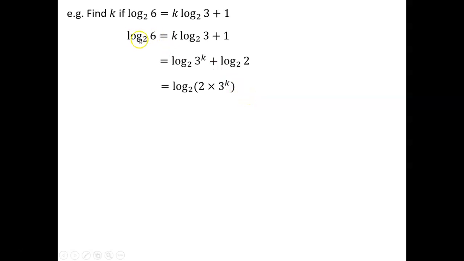Now, I've got log base 2 of 6 equals log base 2 of 2 times 3 to the power of k, so I know that 6 must be equal to this bracket here. I can then divide both sides by 2. I don't need to rewrite as anything, so 3 to the power of what equals 3? 3 to the power of 1 equals 3, so k is 1.